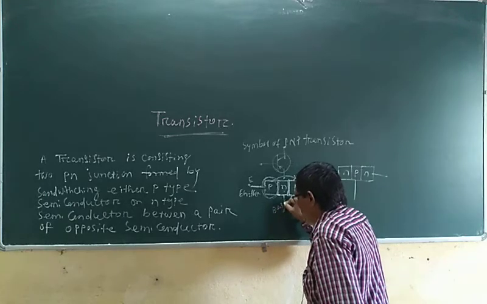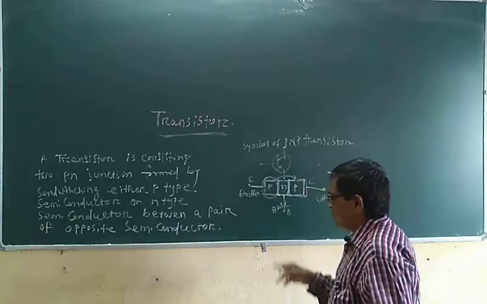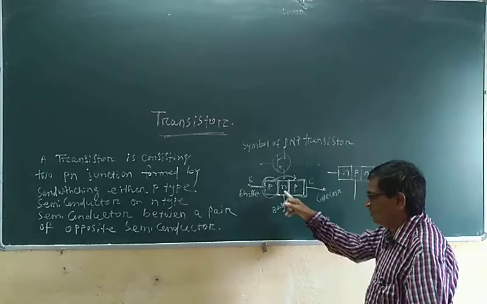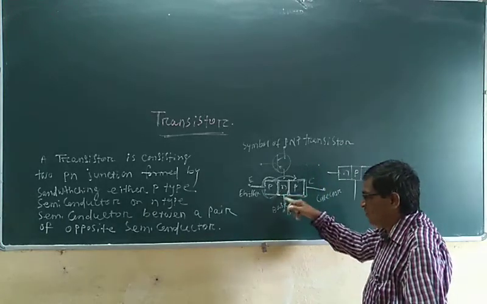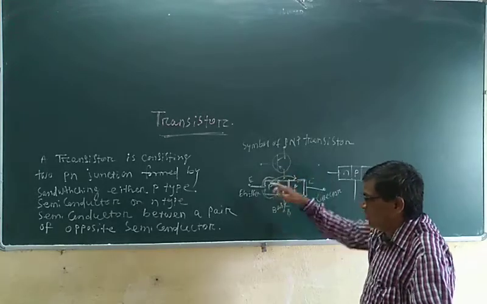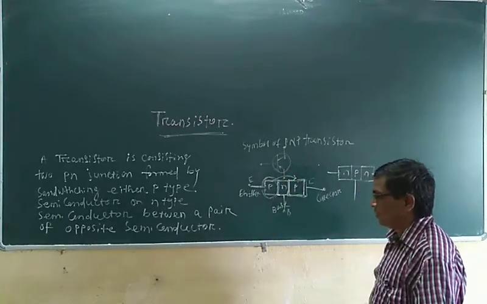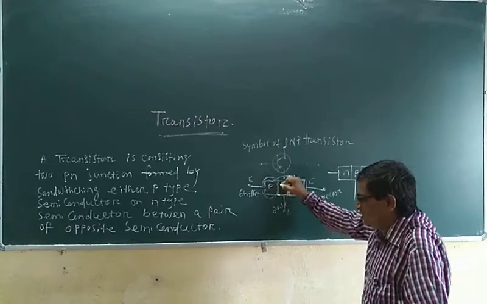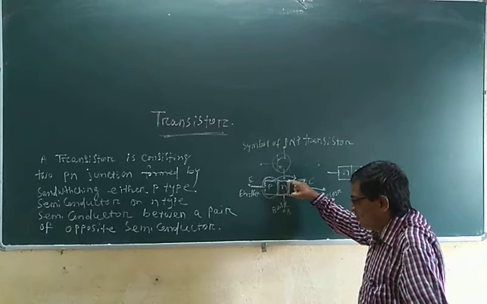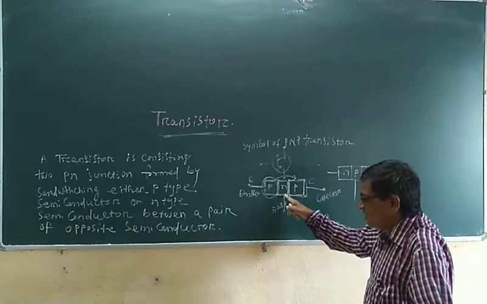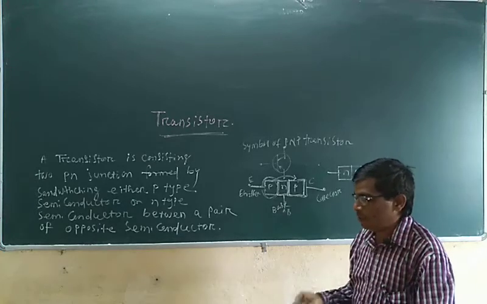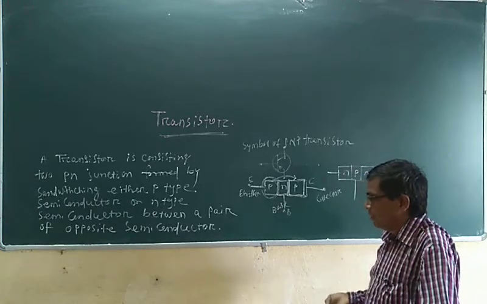Base is nothing but a opposite type of semiconductor sandwiched in between two P-type semiconductor. This layer is very thin. Due to this very thin layer, it controls the flow of electrons from emitter to collector side.